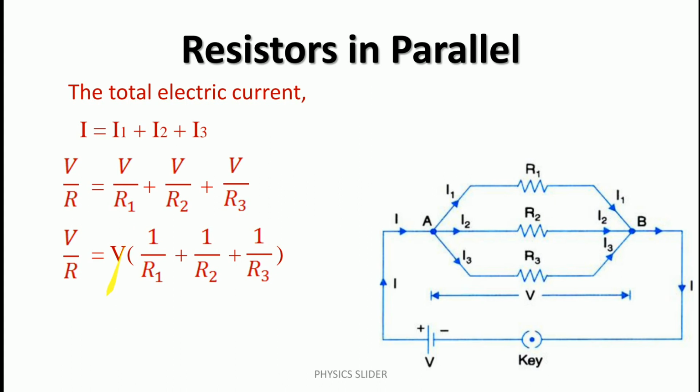Now this V is cancelled by that V, and we have 1 upon R is equal to 1 upon R1 plus 1 upon R2 plus 1 upon R3. So in case of parallel combination of the resistors, the sum of the reciprocals of the resistors is equal to the reciprocal of the resultant. In case of resistors in parallel, we add the reciprocals of the resistors.